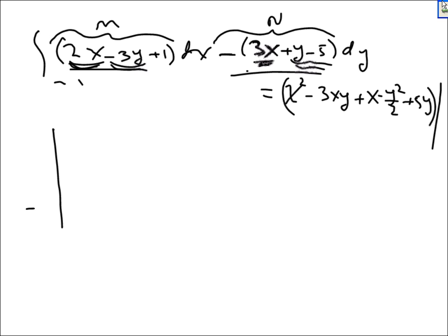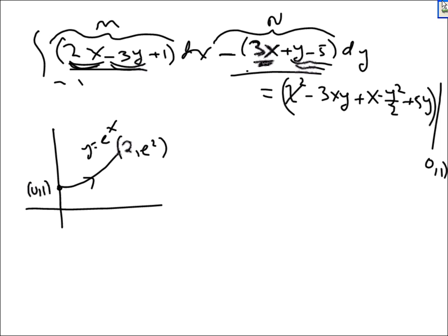If one path was this, y equals e to the x, and it goes from (0, 1) to (2, e squared). Well, then that's what you would do. You would go from (0, 1) to (2, e squared). So when you plug in (2, e squared), remember that's x and that's y.